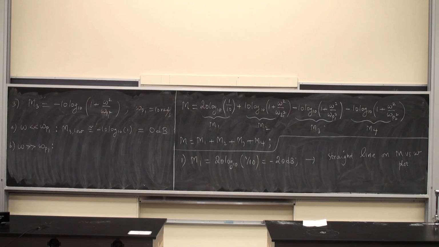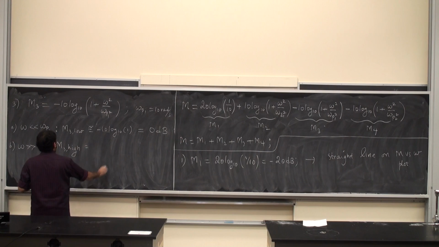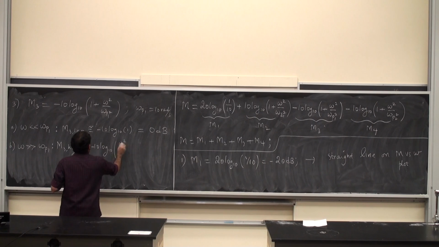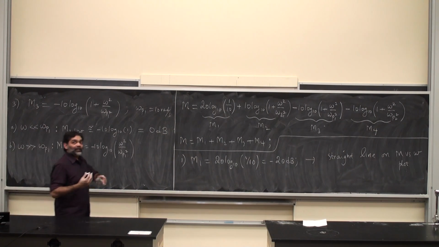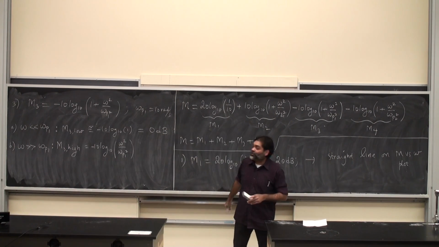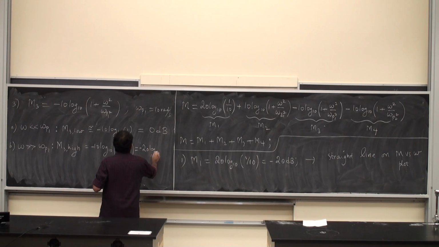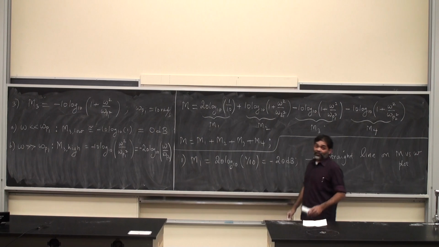The square becomes much larger than 1, so I end up getting M3 high is minus 10 log 10 of omega square by omega P1 square. Get rid of the square, bring it out, so that's minus 20 log of omega by omega P1, the base 10. Please do not forget the factor of minus 20.